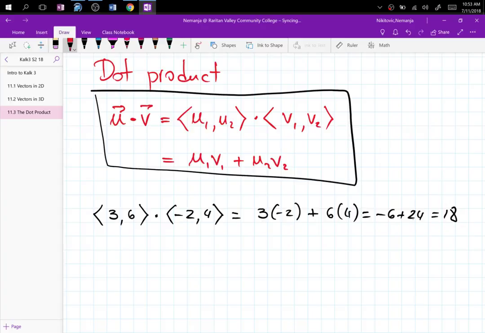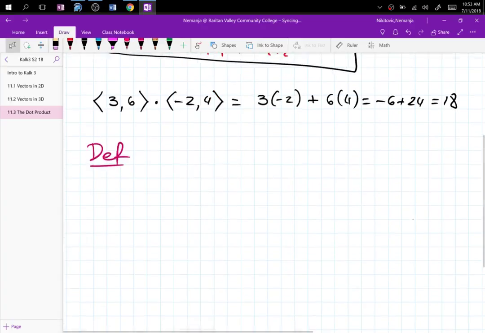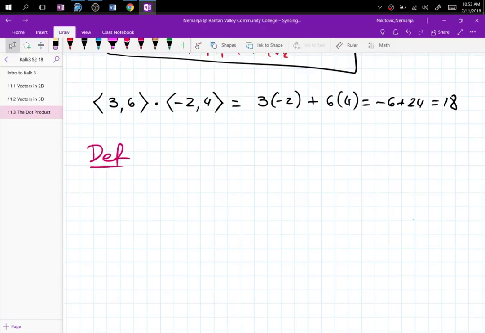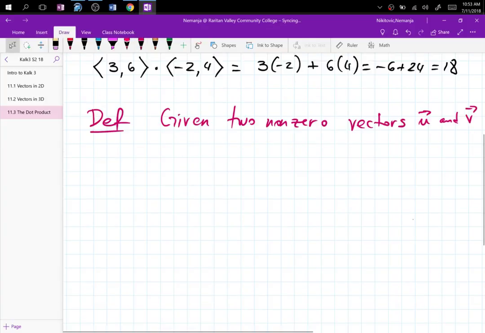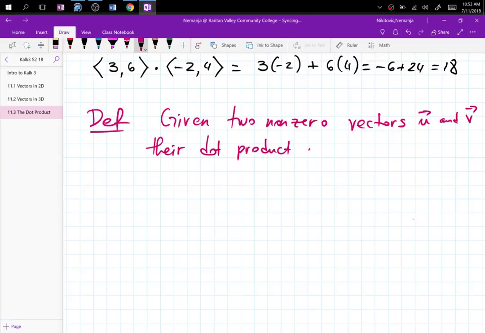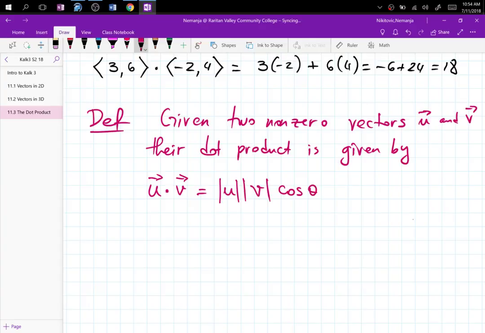So if we look at yet another definition, given two non-zero vectors u and v, their dot product is given by u dot v equals the magnitude of u times the magnitude of v times the cosine of the angle between the two vectors.